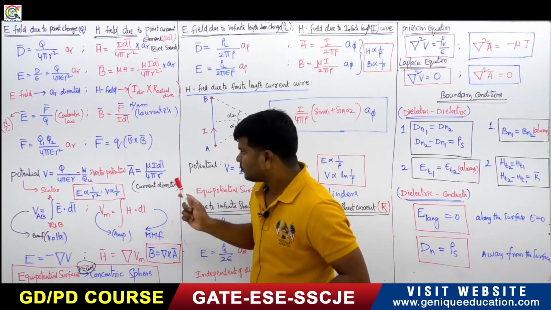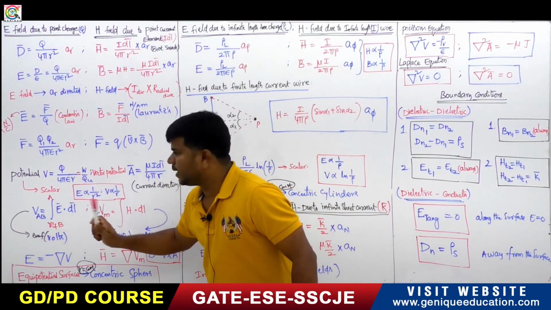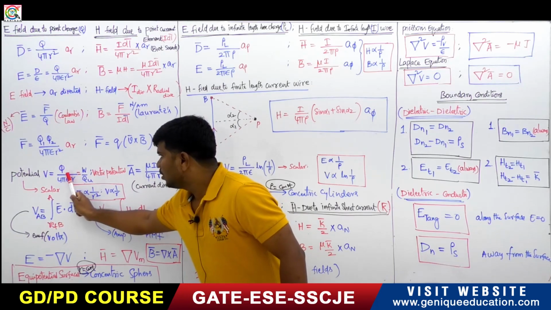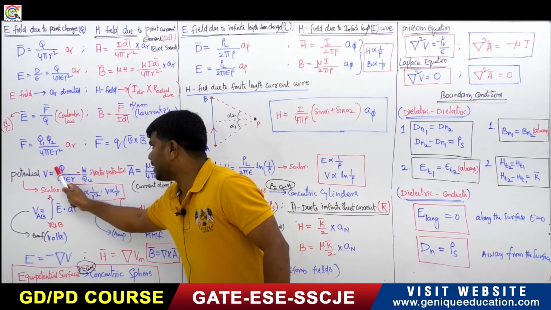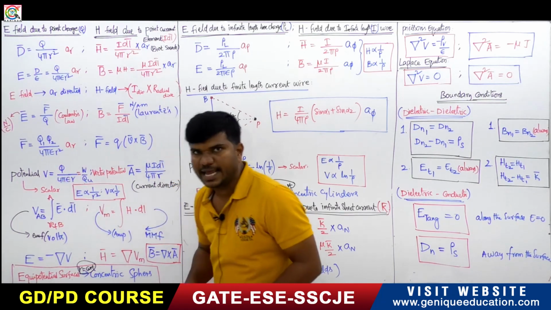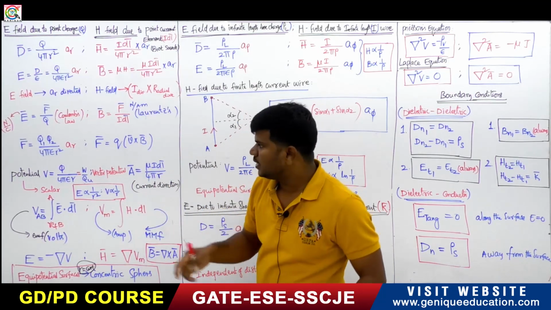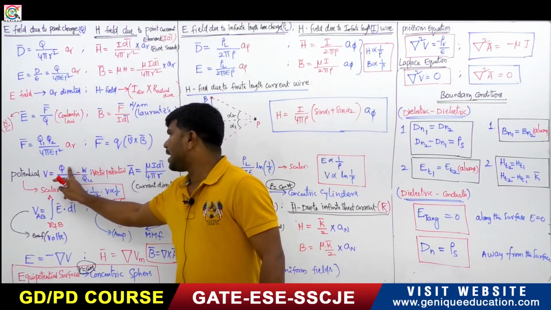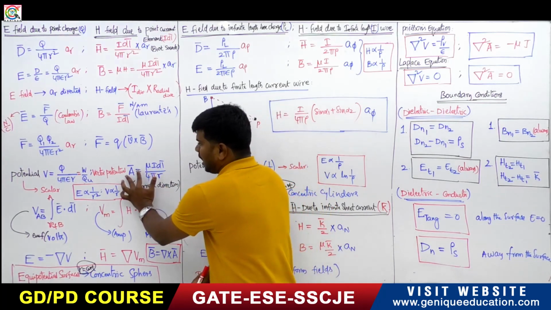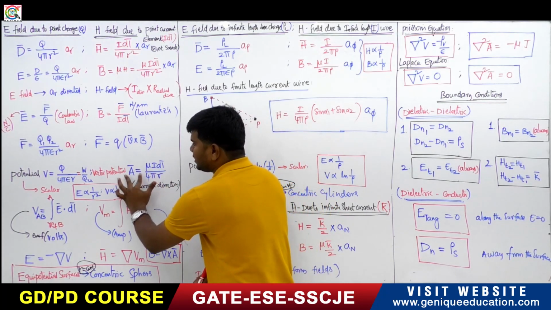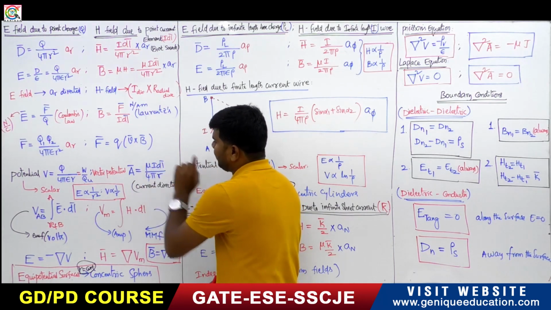Observe this. The cause divided by 4 pi epsilon R. I am writing 1 by 4 pi epsilon as K, some constant. So V is equal to K into Q by R, right? Similarly, I am writing the vector magnetic potential A is equal to, here the constant as mu divided by 4 pi.